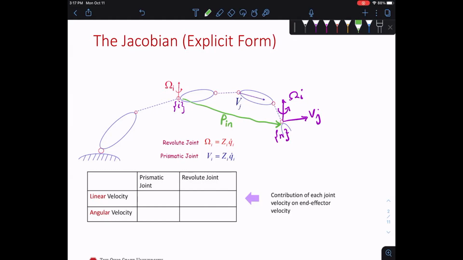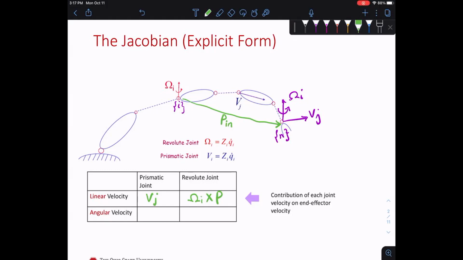Whatever linear velocity we have before it. So we say that Vj would be our velocity because of the prismatic joint. At that frame n, what kind of velocity could we have if we had a revolute joint? So these are all reviews, right? We already know all of this. So omega i cross product with p, the distance between the two frames.